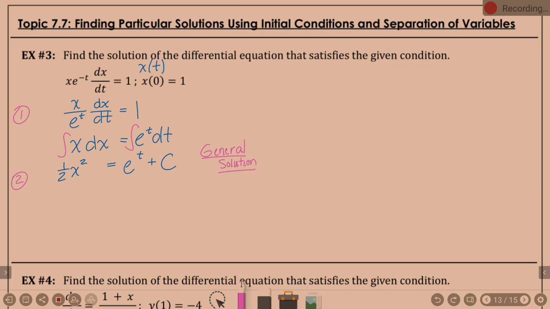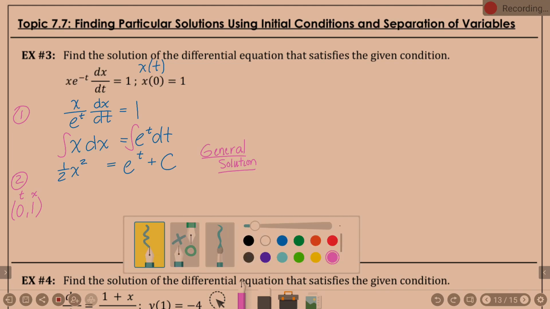In order to find the particular solution, what's the ordered pair we have to plug in? We have the ordered pair 0, 1, where 0 is your t and 1 is your x.